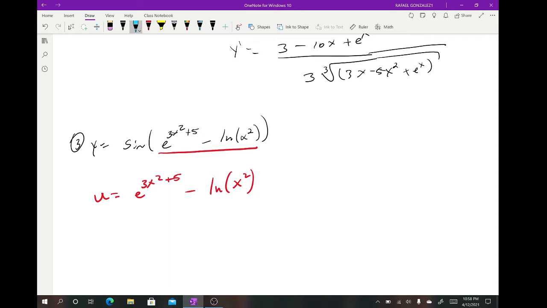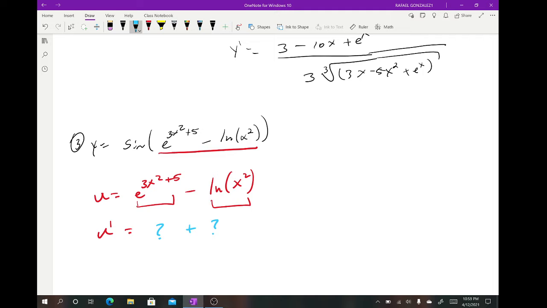Now, u prime is going to be the derivative of this piece plus the derivative of this piece, or minus, doesn't really matter. But notice that both of those pieces will also use a chain rule. So what I'll do is I'll just solve them on the side.